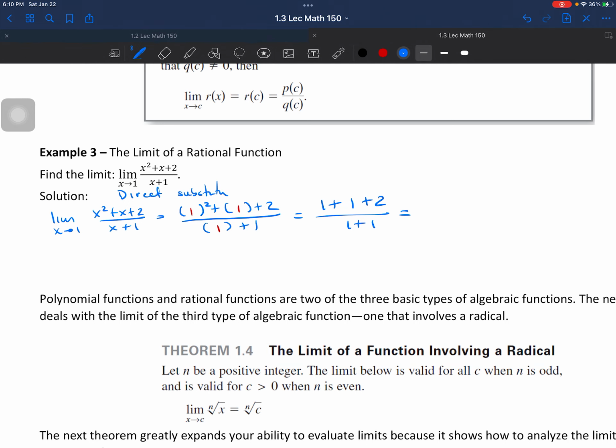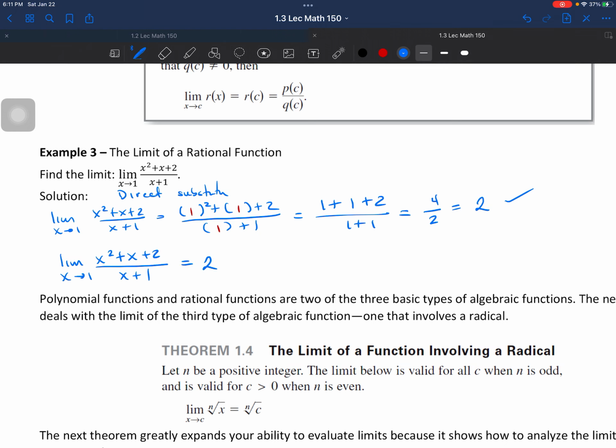Following order of operations, first we add the numbers in the numerator, which gives us 4, and the denominator gives us 2. 4 over 2 is 2. And so there you go. We actually get a number, so the limit does exist. The limit of this quotient, this rational function, is going to be 2.